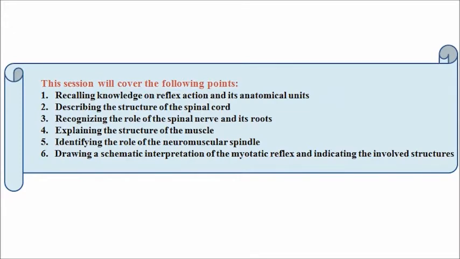Then we will proceed to study the organization of the structures involved in the myotatic reflex, which are the structure of the spinal cord, the role of the spinal nerve and its roots, the structure of the muscle, the role of an element or a structure found in the muscle, which is called the neuromuscular spindle, and finally we're going to have a schematic interpretation of the myotatic reflex and indicate the involved structures.